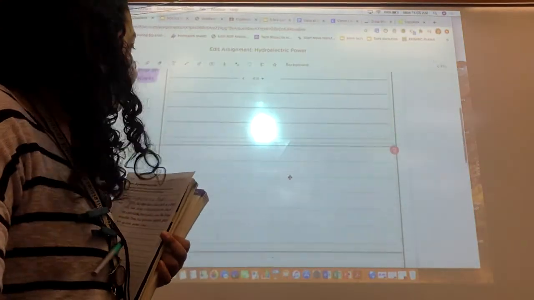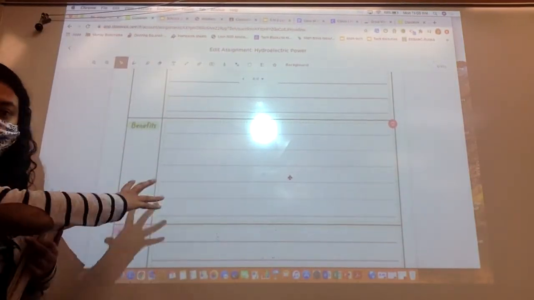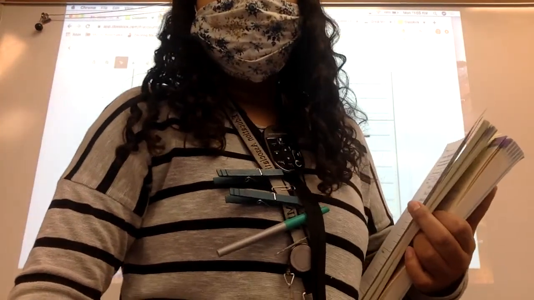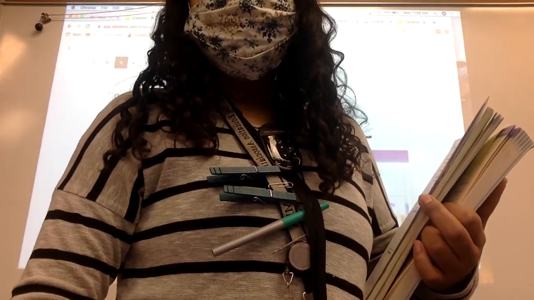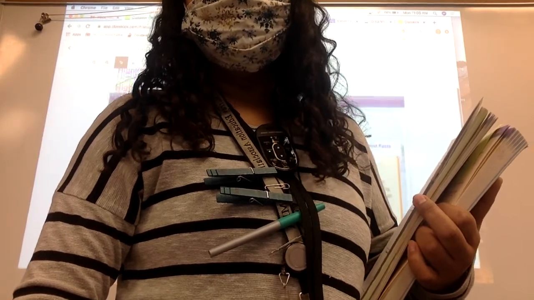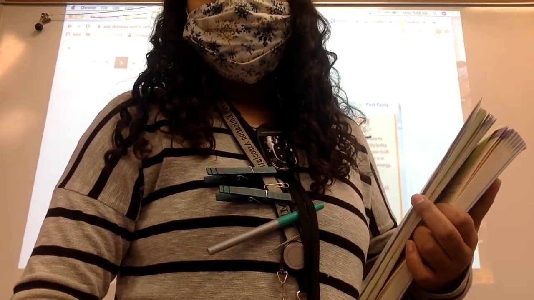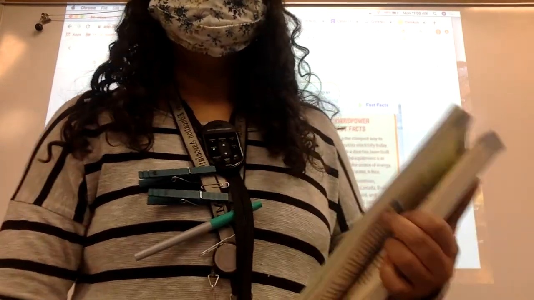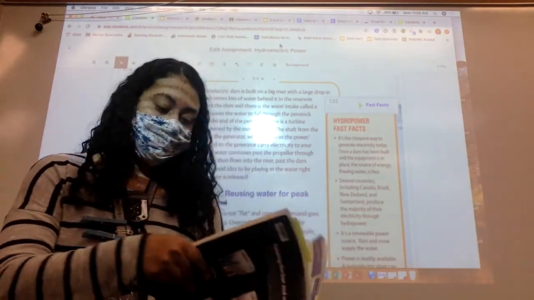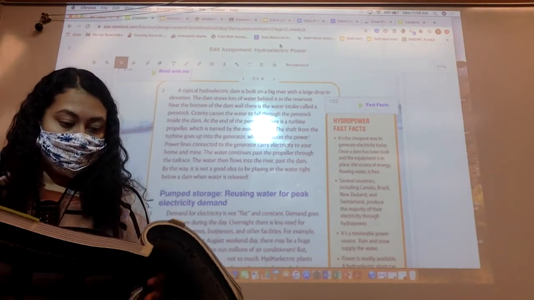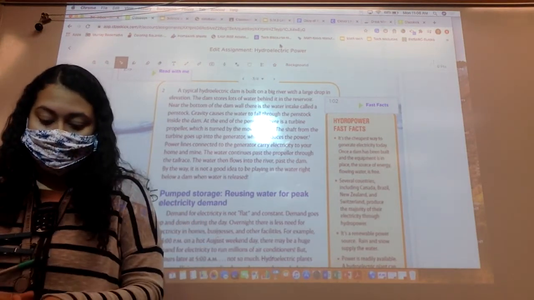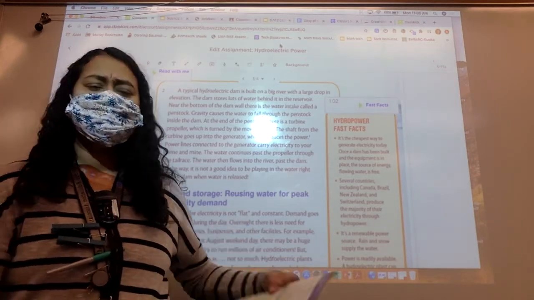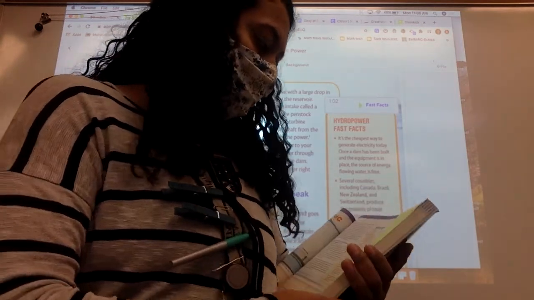On our assignment, it has benefits and problems down here. Last week, we put on our page B1, B2, B3, and P1, P2, P3. That was like two weeks ago.